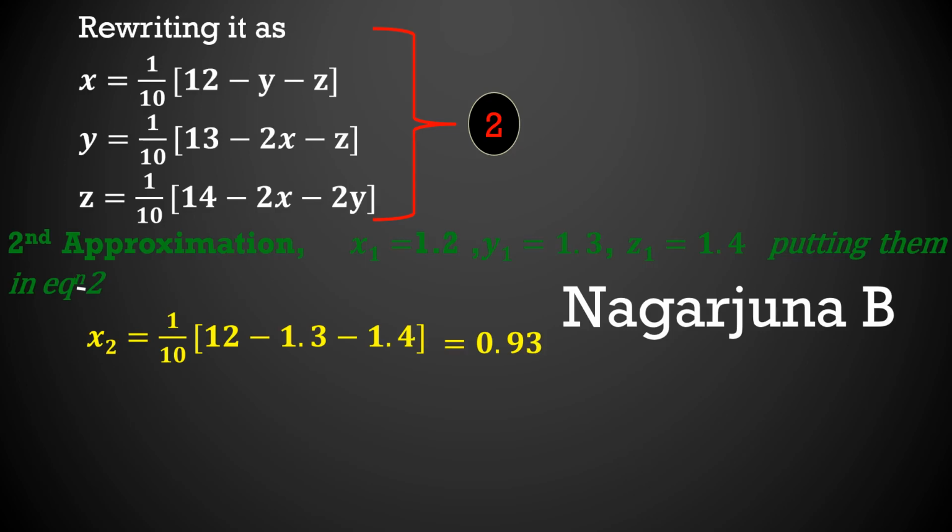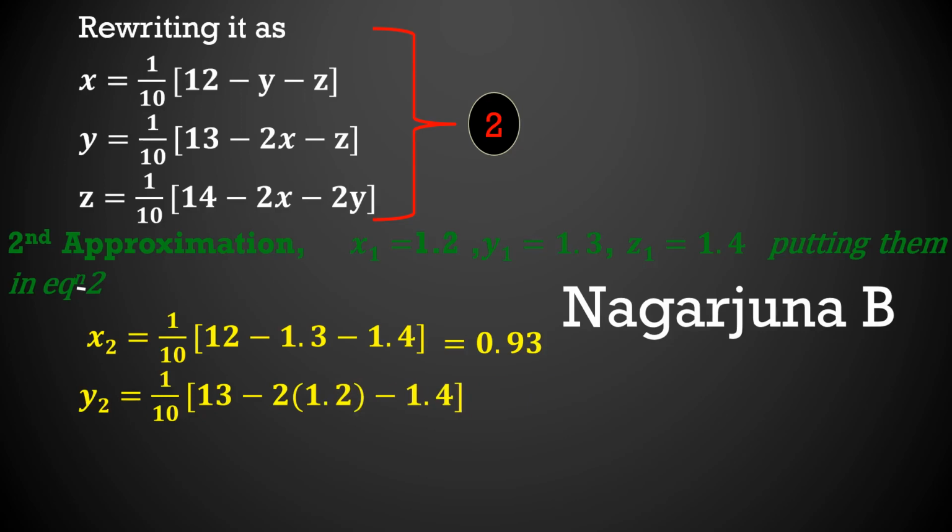Therefore I have written within the bracket 12 minus 1.3 minus 1.4 divided by 10 and it will give the answer 0.93. Then next y2 is equal to 1 divided by 10 into 13 minus 2 into x is 1.2 minus z is 1.4.